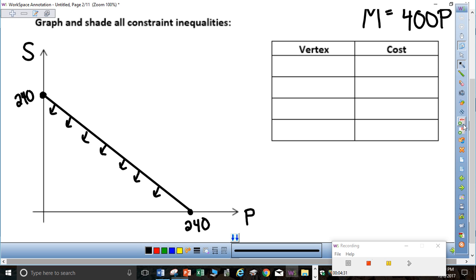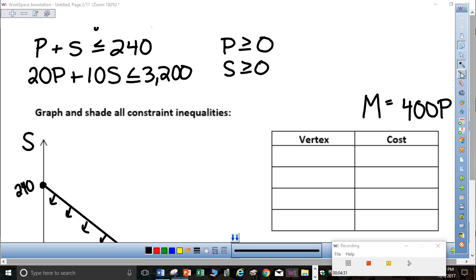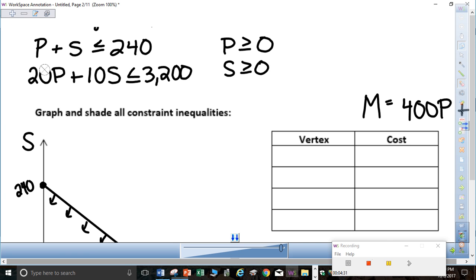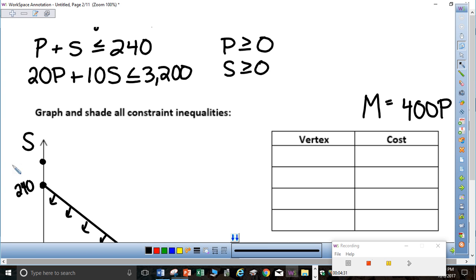Now let's take a look at our other inequality. We can do the intercept method again. So if we cover up P, if that's 0, we're solving 10S equals 3200, divide both sides by 10, and we get the S-intercept to be 320. I'm going to add that a little bit above 240 on the S-axis.